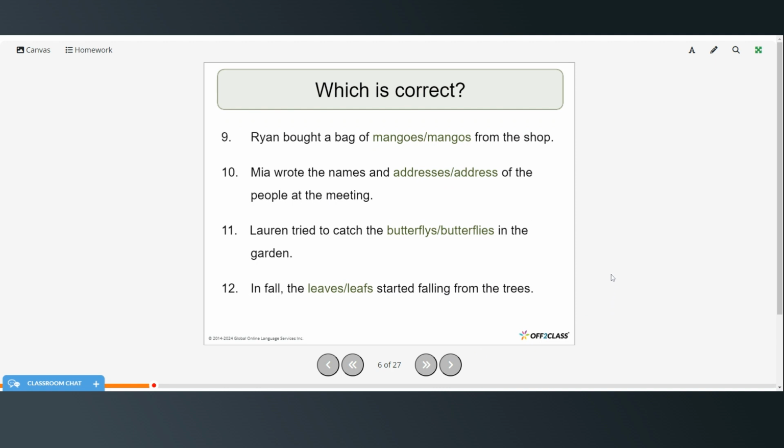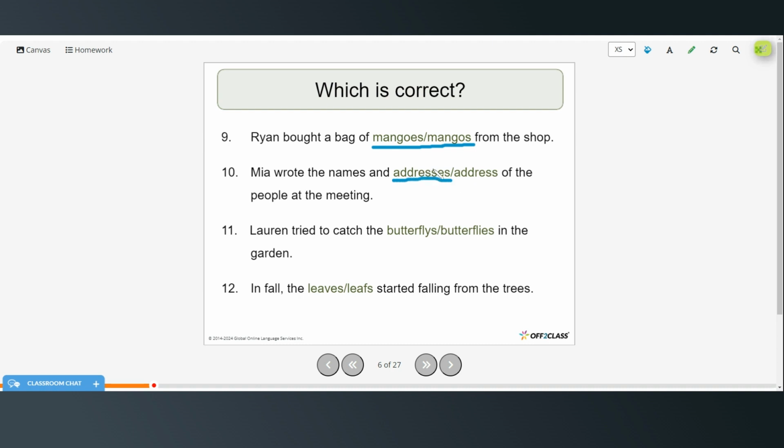Alright, so choose the one that is correct. Again, you can pause the video, try this on your own, and then restart to hear the answers. Ryan bought a bag of mangoes from the shop. So mango is an exception. This is one where both of these are correct, either one. Maya wrote the names and addresses.